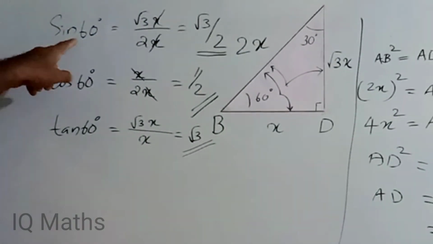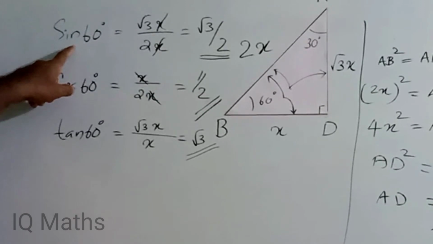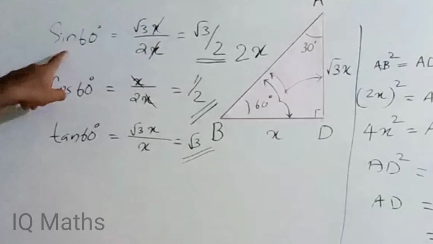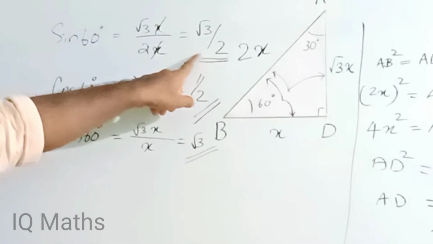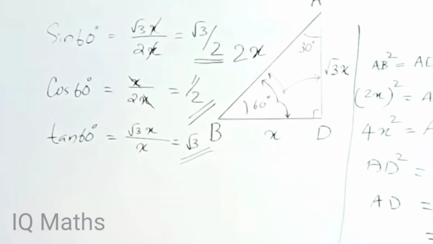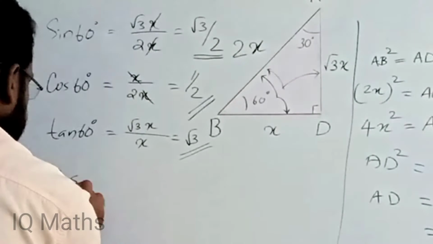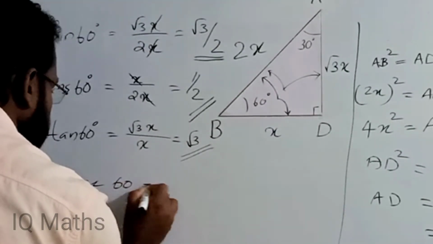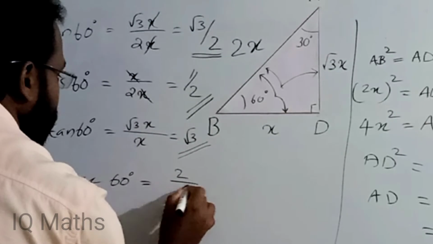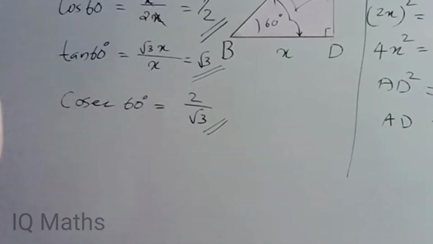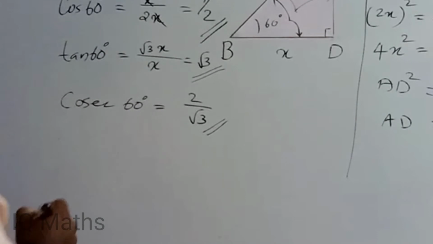Now we know what is cosec 60. 1 by sine 60. So cosec 60 will be 2 by root 3. Cosec 60 is equal to 1 by sine 60, that is 2 by root 3. Next is sec 60.